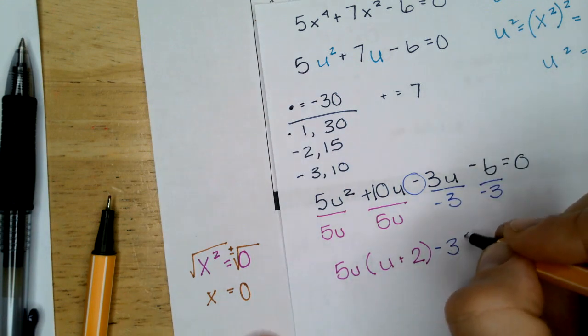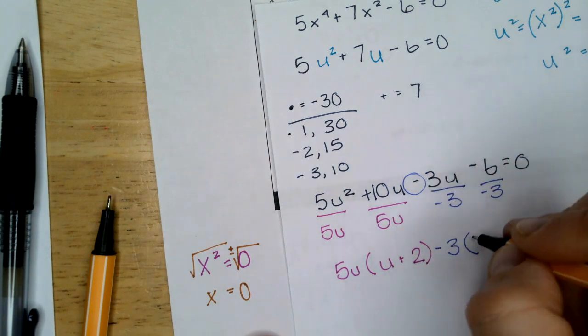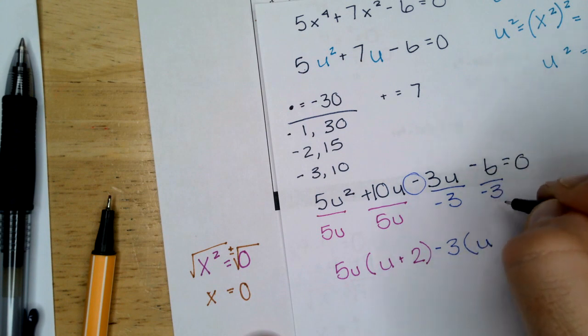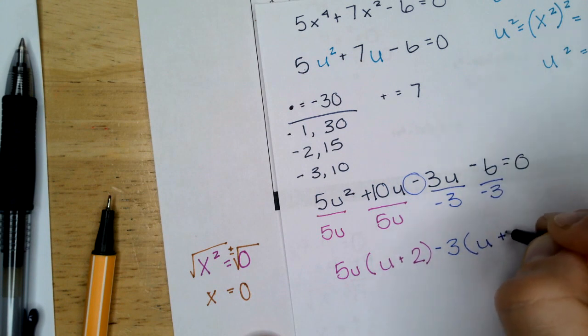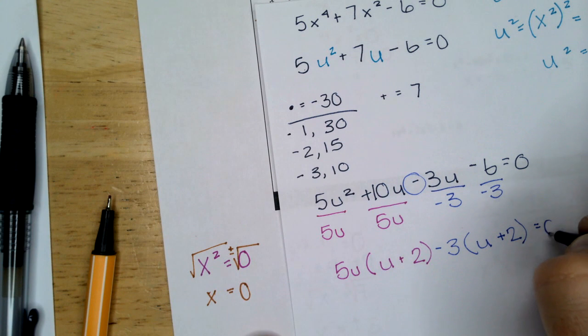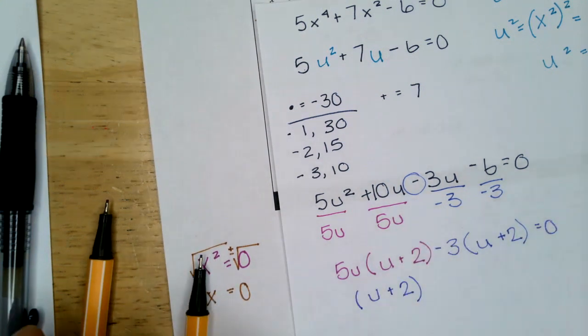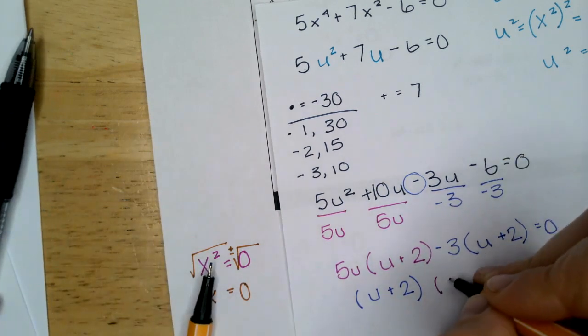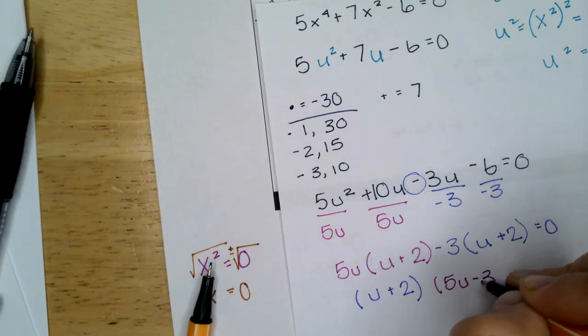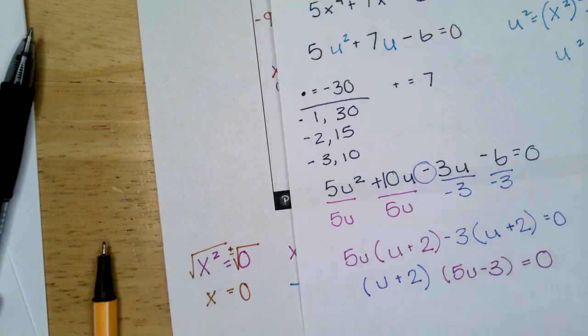So minus 3. Negative 3u divided by negative 3 is a positive u. Negative 6 divided by negative 3 is a positive 2. So now I have the common u plus 2 being multiplied by 5u minus 3 is equal to 0.